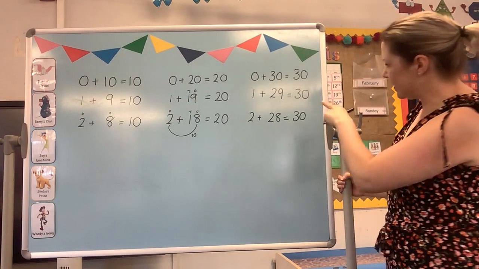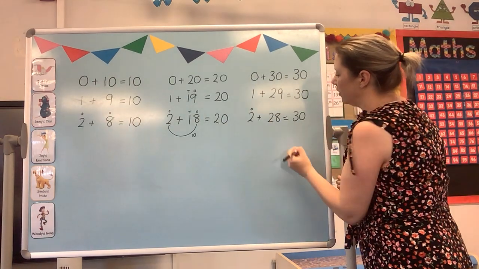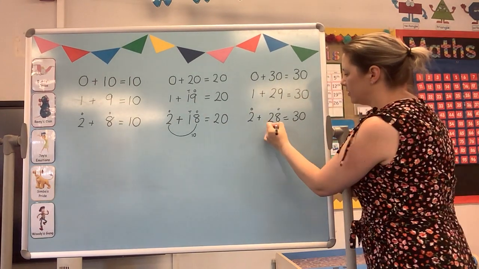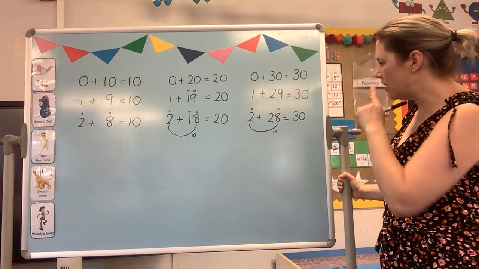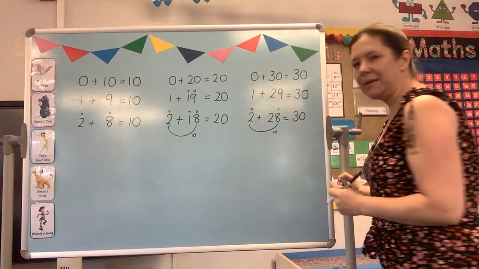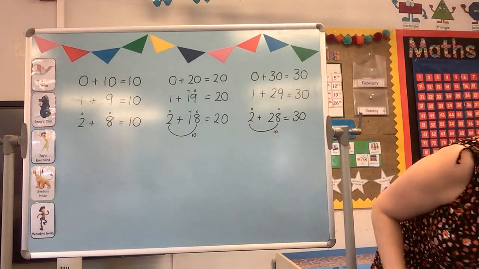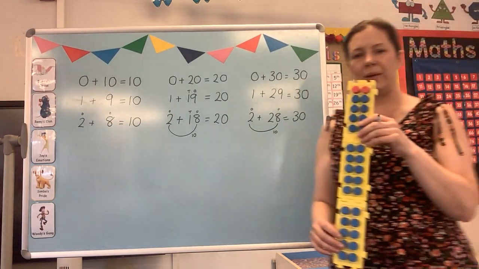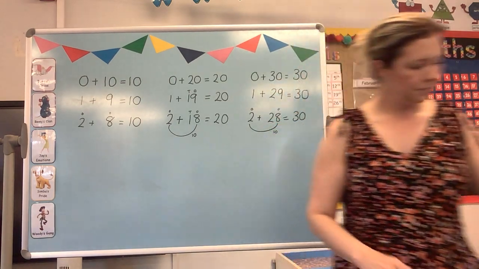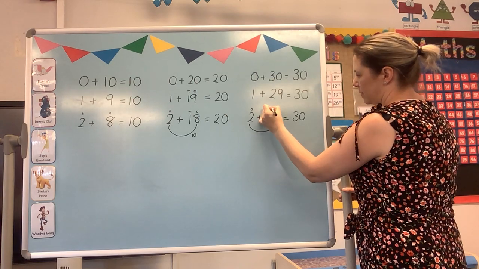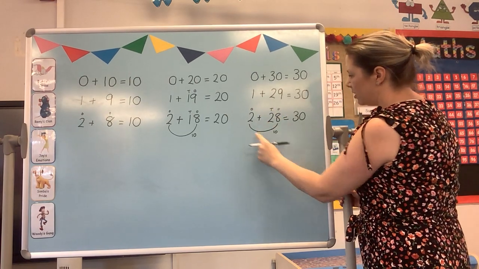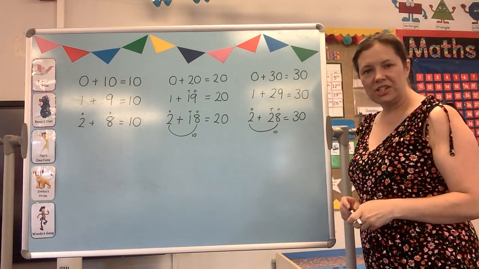And again, we can see that pattern, look, because there are your 2 ones, there are your 8 ones, and that makes a 10, doesn't it? And then we don't just have 1 ten anymore, because we added another 10 on, didn't we, when we were making 30. So now we've got 2 tens. So 2 tens plus another 10 is 30.